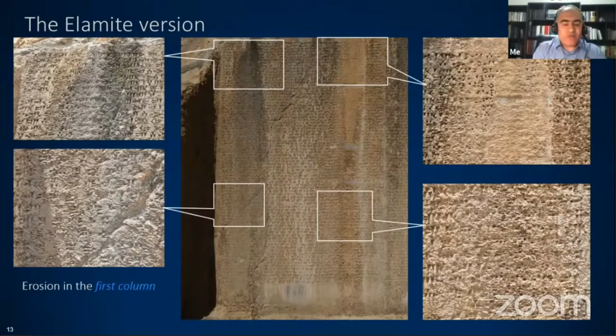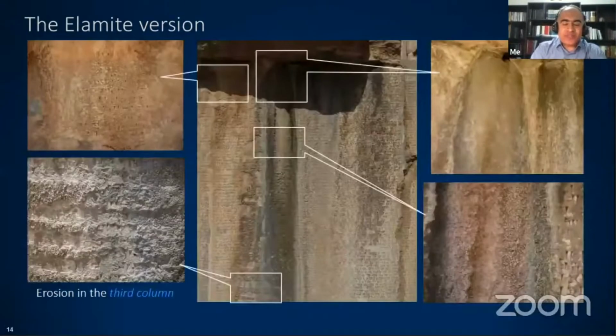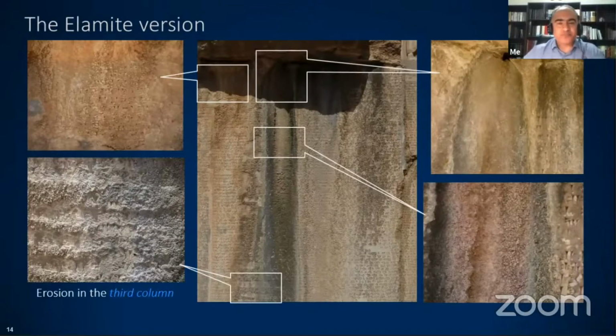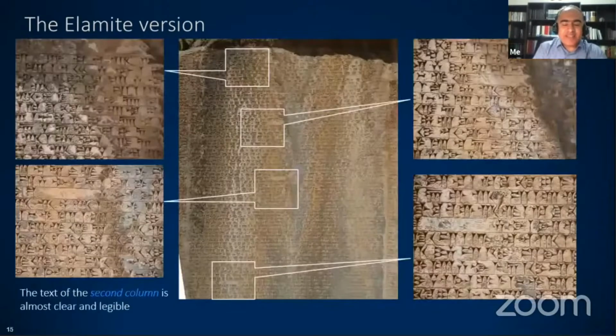Furthermore, a solution of water and calcareous compounds has flowed over the first column and not only has produced a ravine, but also left tufa deposits on its surface. Accordingly, many passages in the first and third columns have become entirely illegible, and the faint traces are somehow visible at best. However, fortunately, the second column is almost intact and its text is clearly legible.